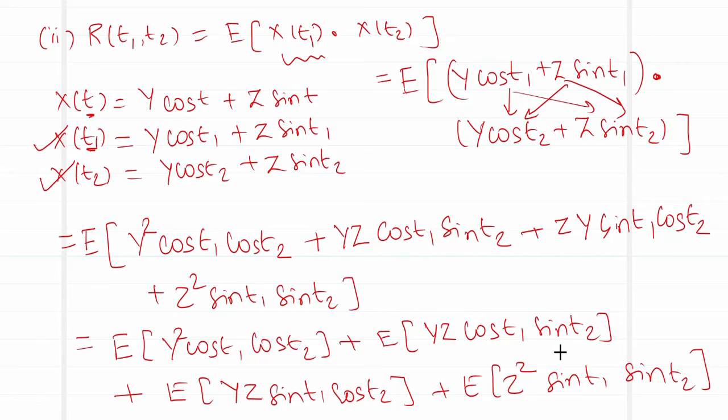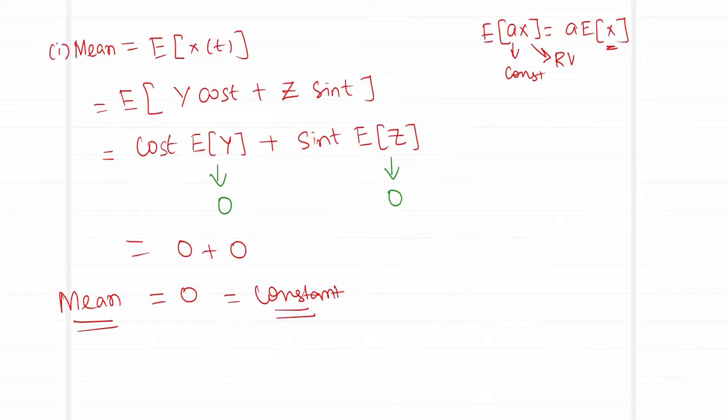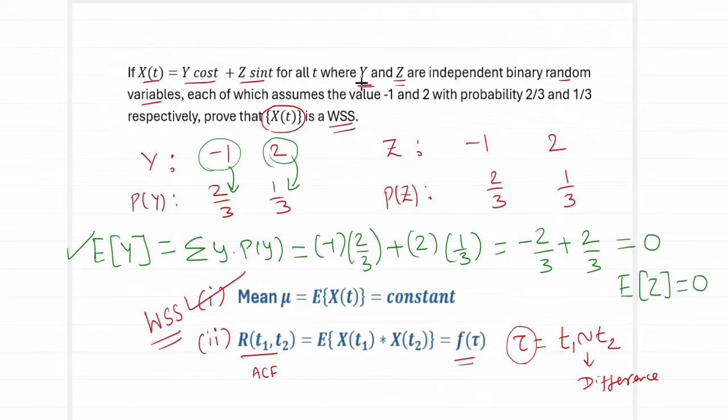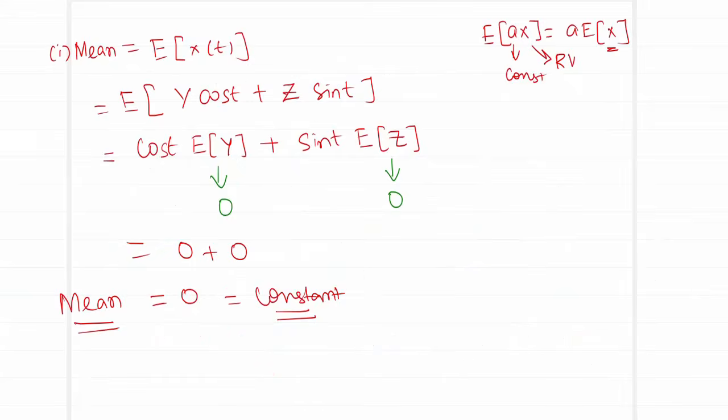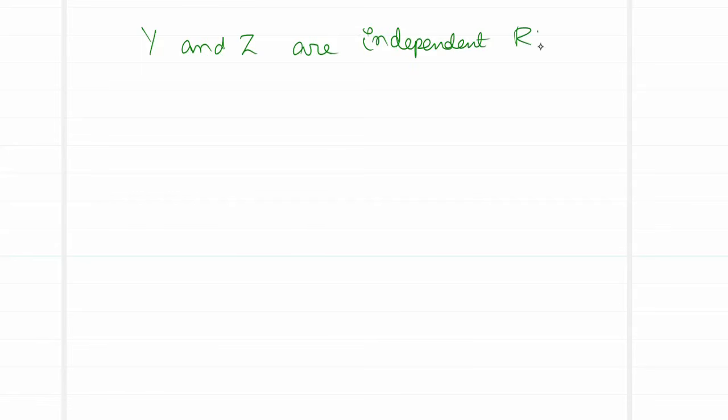How to simplify? We will get back to the original data. What is given in our original data? Y and Z are independent random variables. So what do you mean by independent? Y can act separately, Z can act separately.